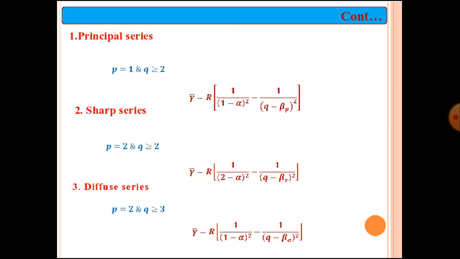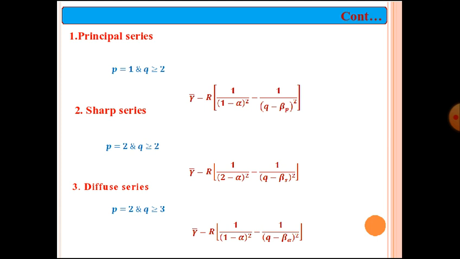First one, principal series. Here for the principal series p equal to 1 and q greater than or equal to 2. Nu bar equal to R into [1 by (1 minus alpha) square minus 1 by (q minus beta p) whole square].